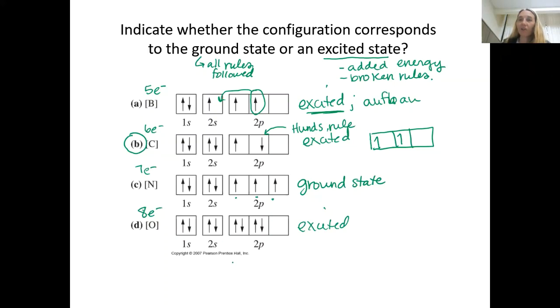The ground state would go 1, 2, 3, and then pair. When all these boxes are the same, they're degenerate, which means I have to fill all the boxes before I start pairing them. And so this is another Hund's rule violation.